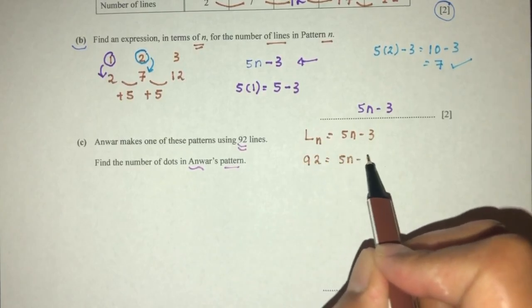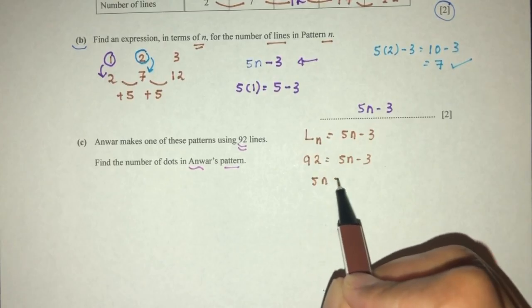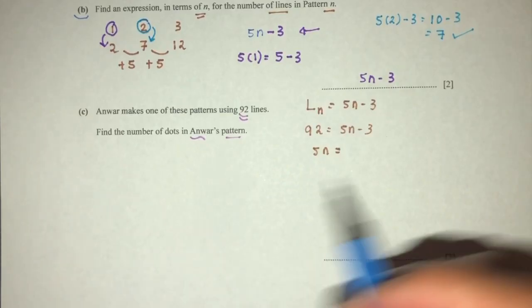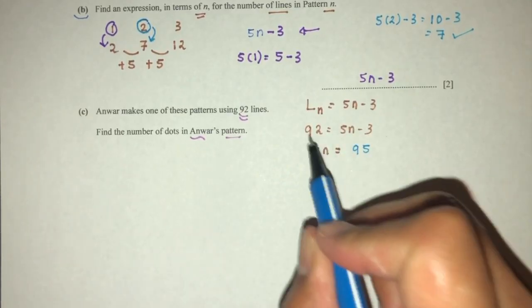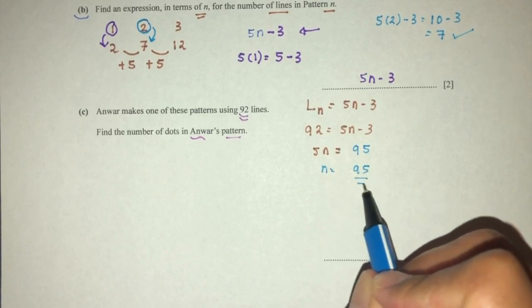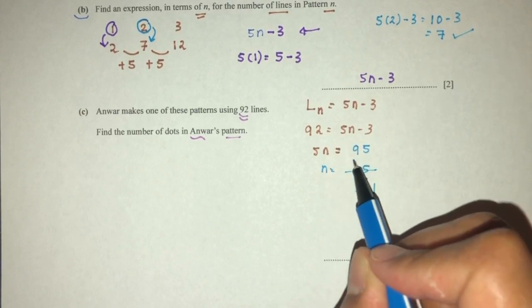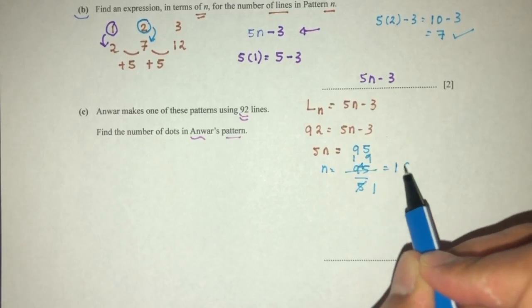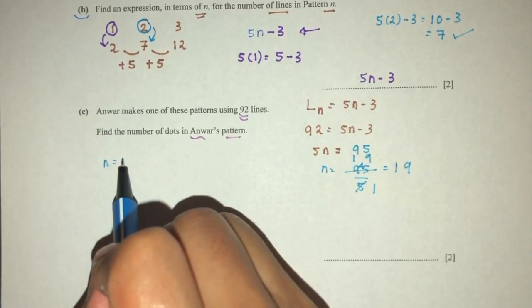So 5n minus 3 equals 92, so 5n is 95. 92 plus 3 is 95, and n is 95 divided by 5. That will be 19. So n should be the 19th term.